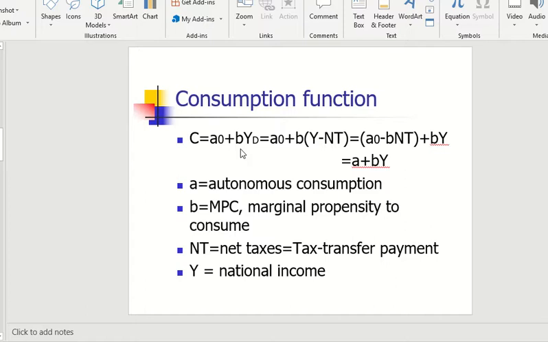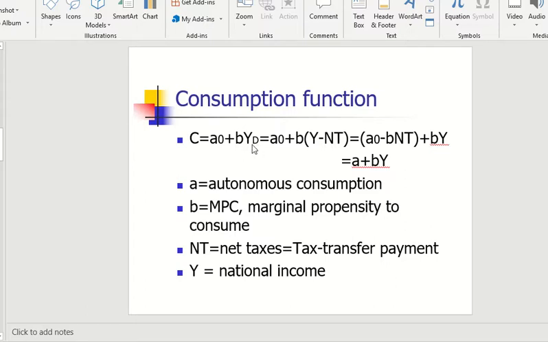However, as we go further, we will very soon have to put together aggregate expenditure that consists of not only consumption, but also investment, government spending, and net exports. Those three components of expenditure are not dependent on disposable income.